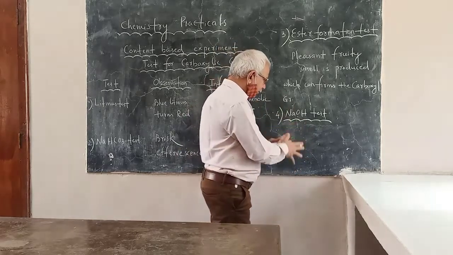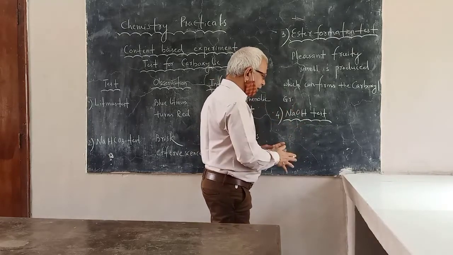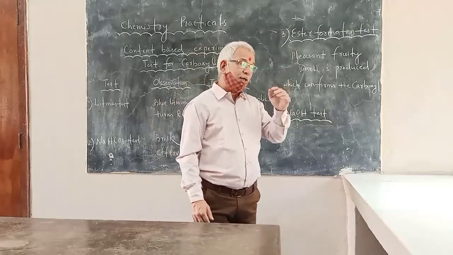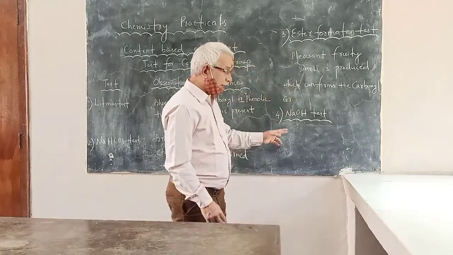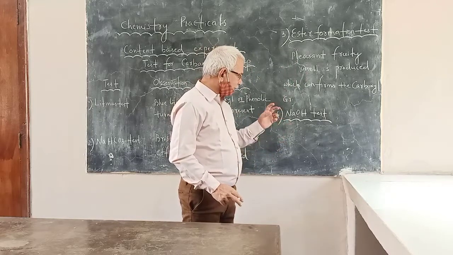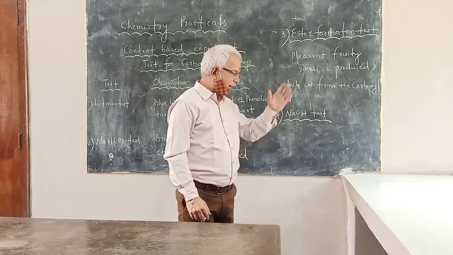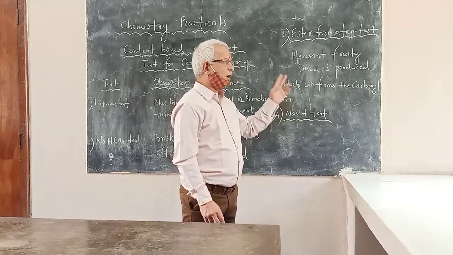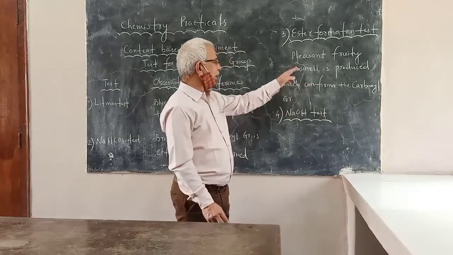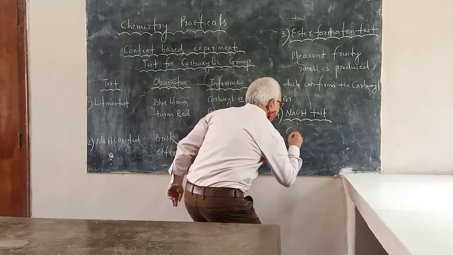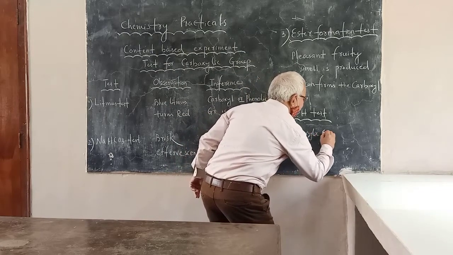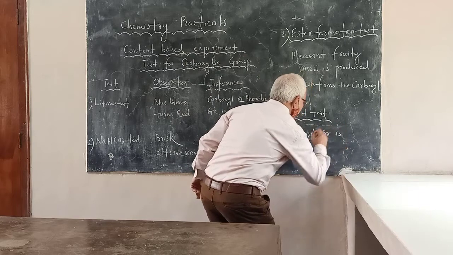If I get a white precipitate, that is phenolic, because a phenol compound gives a white precipitate. But in the practical, there was no white precipitate. That means phenol is absent. When phenol is absent, the given compound is carboxylic. So here also the carboxyl group is confirmed.